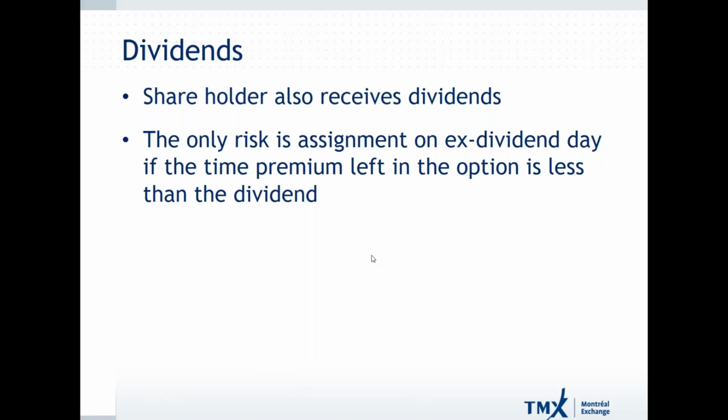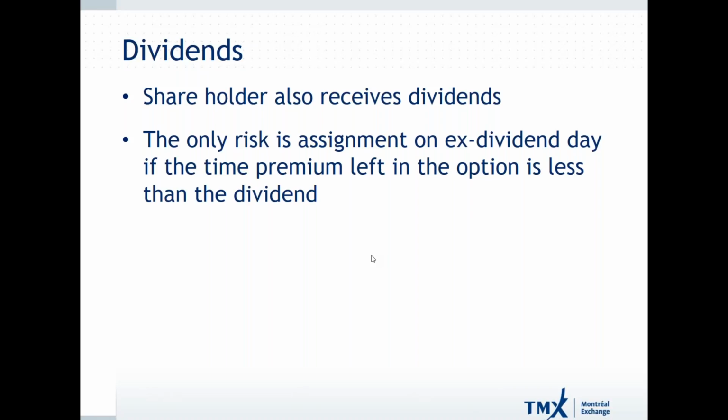Now, that doesn't happen all the time, but recognize that if you hold a dividend-paying stock and it's about to go ex-dividend, and you've written a call against it that happens to be at or in the money, the stock may get called away from you. You will get paid the strike price and keep the option premium, but unfortunately you will not get the dividend.